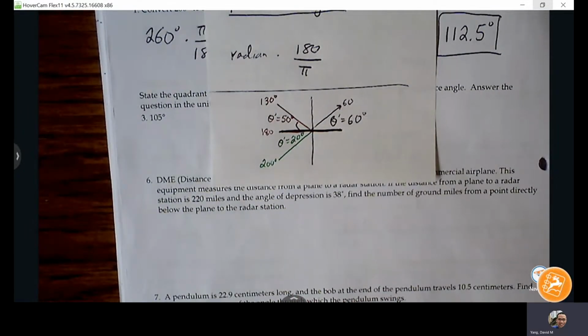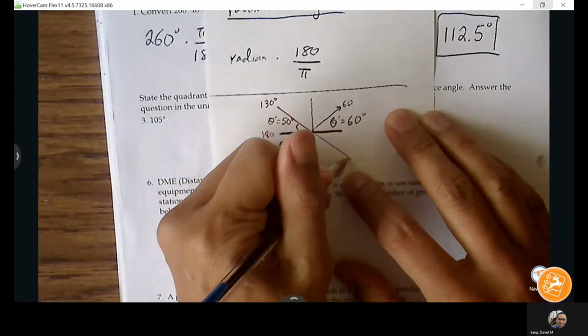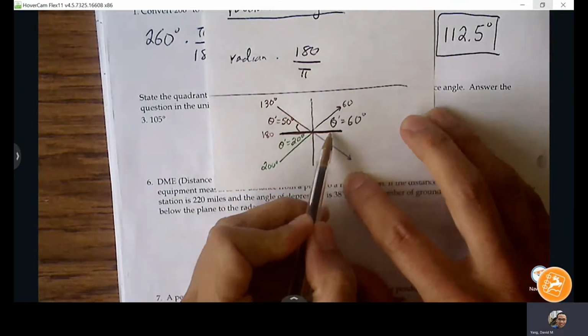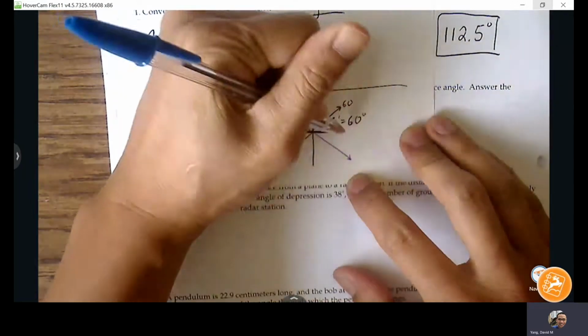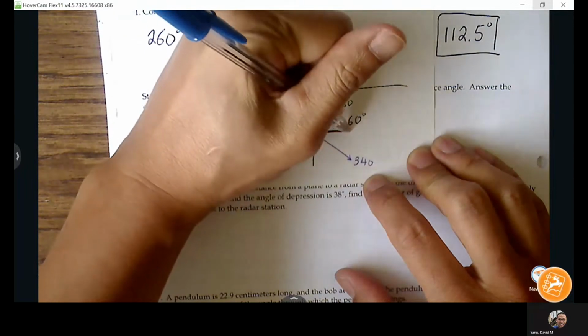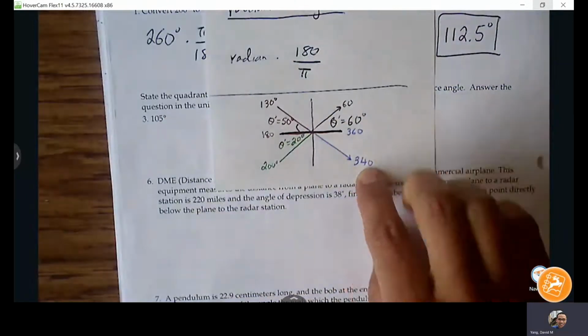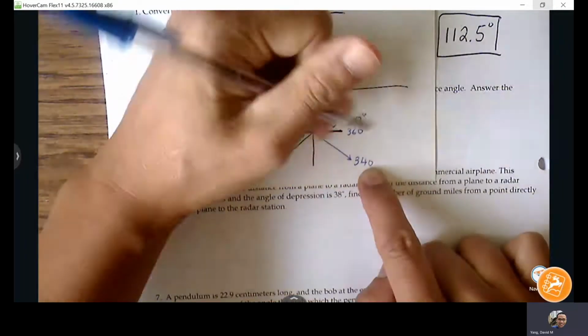And finally, if you're in the fourth quadrant, you're still going to involve the x-axis, but instead of subtracting from 180, you're going to involve 360. Let's say your angle is 340 degrees. Your reference angle will just be 20 degrees.